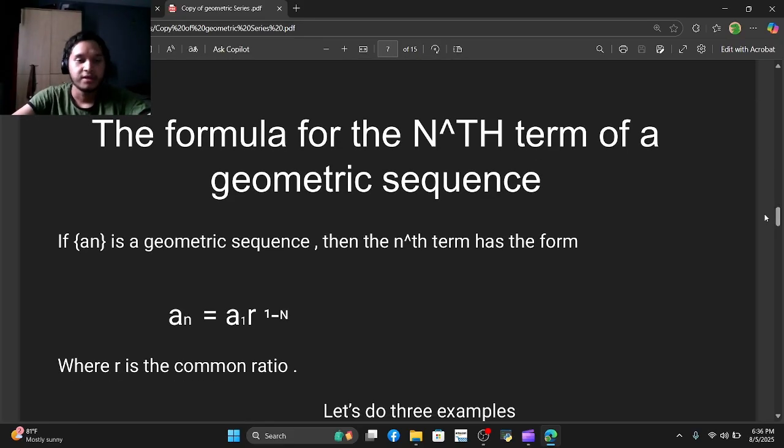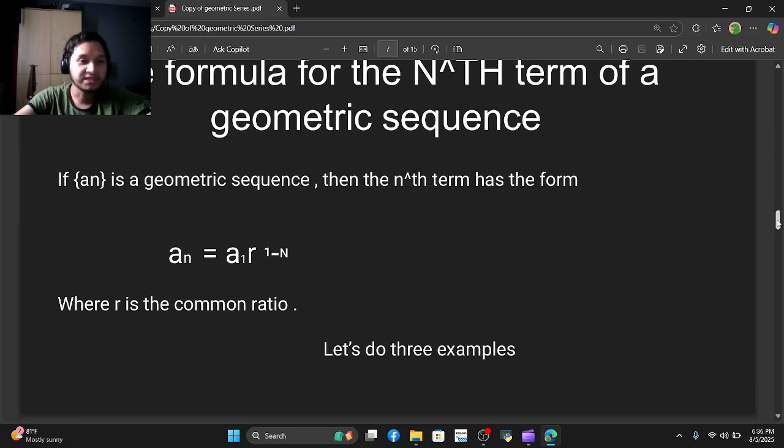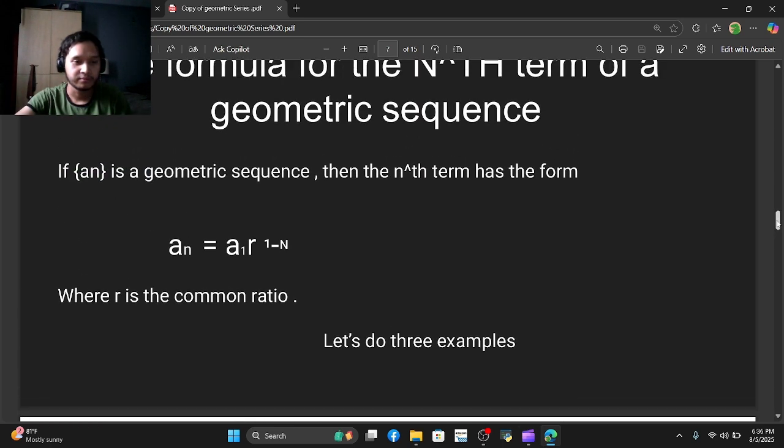Let's look at this. The formula for the nth term of a geometric sequence: if it is a geometric sequence, then the nth term has the form a_n equals the first term times the ratio to the power of n minus 1.